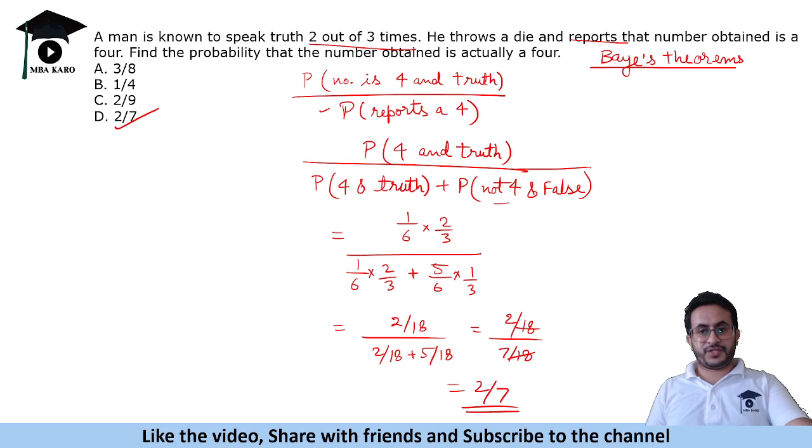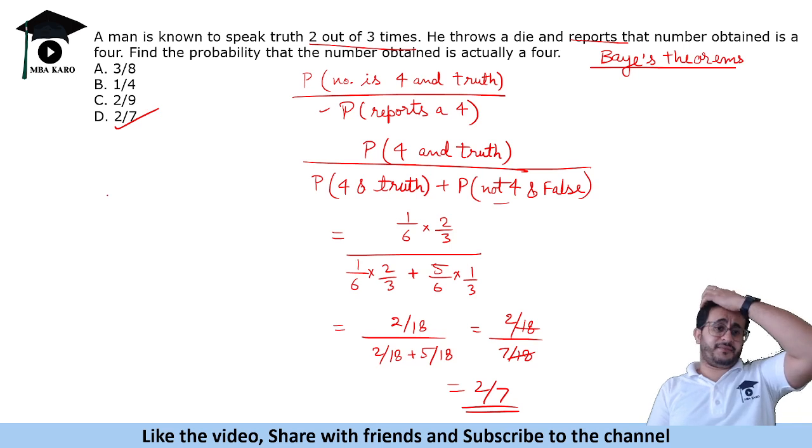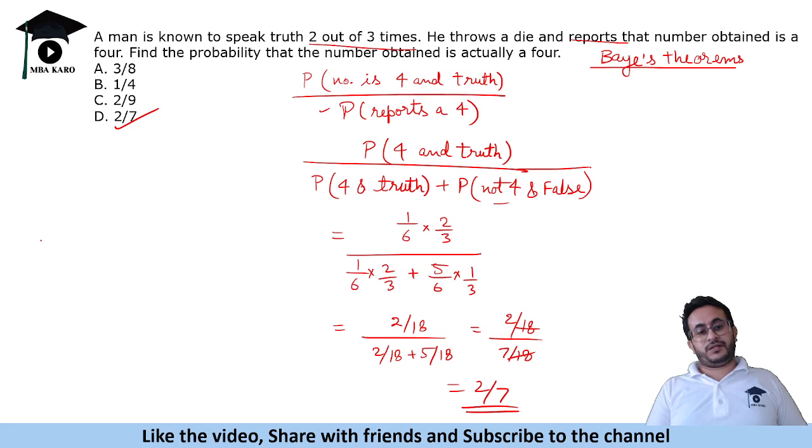Another way is using a tree diagram for the same thing. So we can have 4 in two ways. We have to find the probability such that he is speaking the truth and it is a 4.